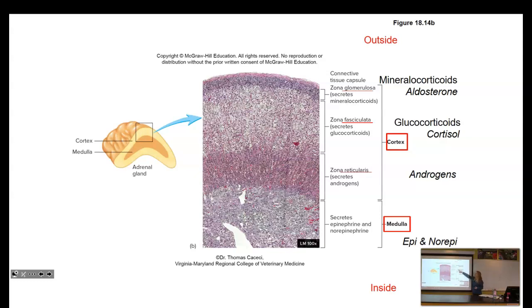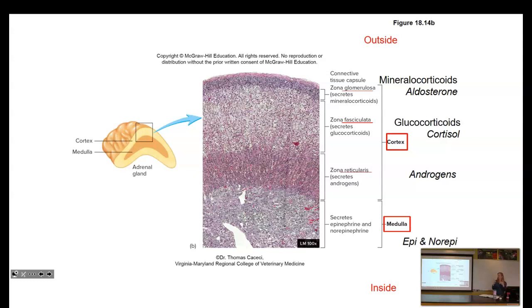As we move a little bit deeper here, we get into the zona fasciculata, and the zona fasciculata releases glucocorticoids, and the most prominent, or the one you've probably heard of, is this hormone cortisol. Right? So there's other glucocorticoids, things like corticosterone, cortisone.